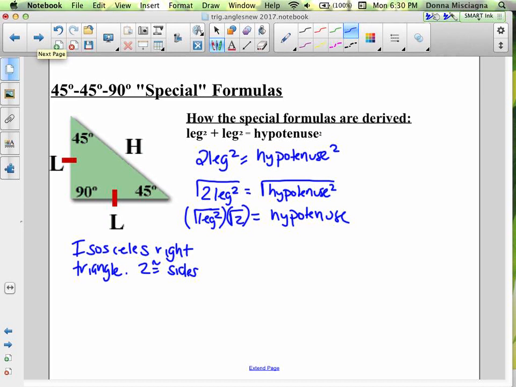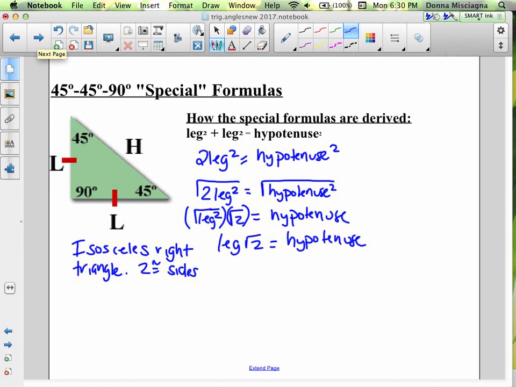Now one of those is a perfect square. Of course, leg squared is a perfect square. Square root of leg squared is leg. Square root of 2 is not a perfect square, and we can't simplify that at all. It's a prime number, and it has no buddies to free it from radical prison. So leg square root of 2 equals hypotenuse.